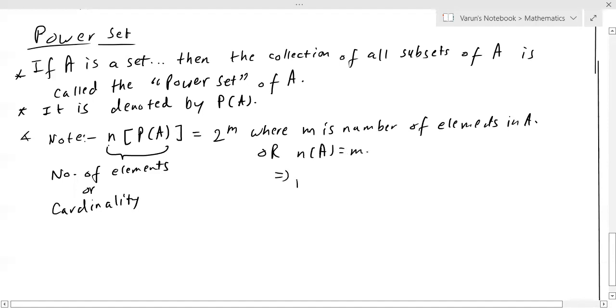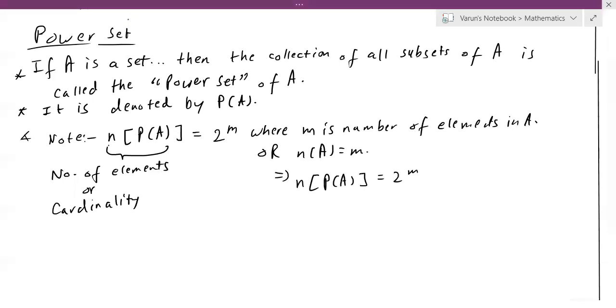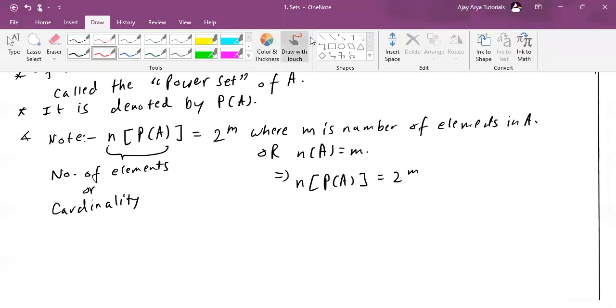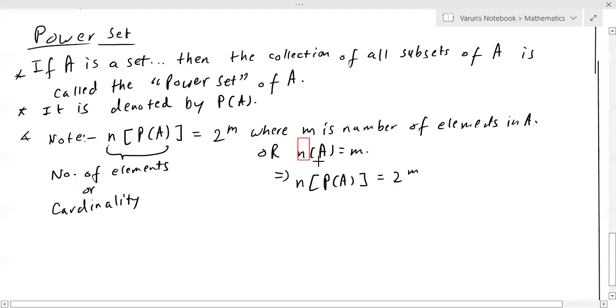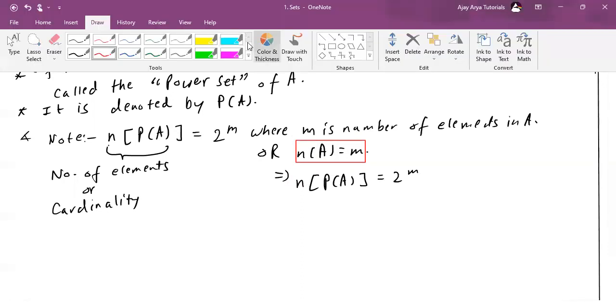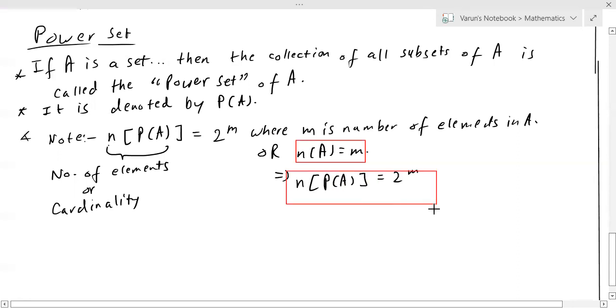This implies n(P(A)) will be 2 to the power m. So I would like you to note this down, that if the number of elements in a particular set is m, then the number of elements in the power set of that same set is 2 to the power m.